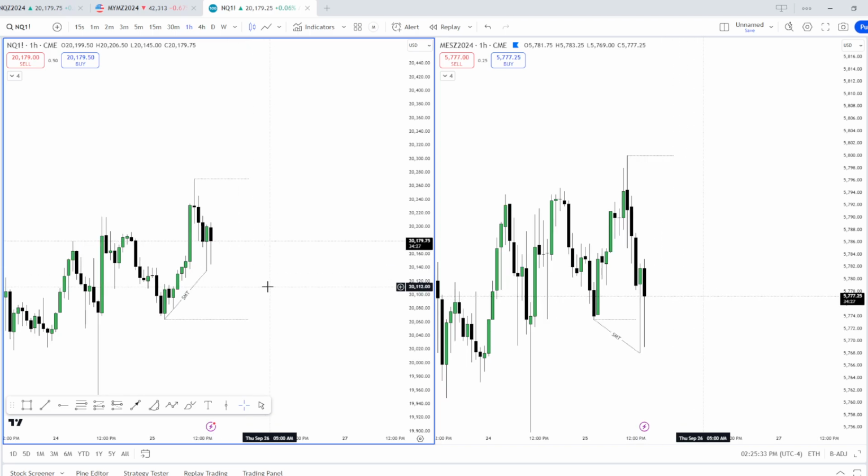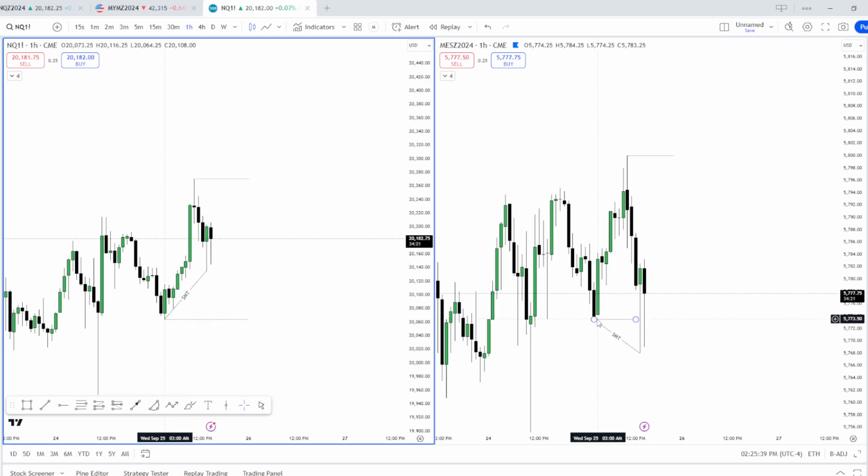Mind you, this low created on NQ, these two candles right here, are the same two candles that are on ES with the timing. This candle was formed at 2 o'clock. This candle was formed at 3 o'clock. On NQ, this candle was formed at 2 o'clock. This candle was formed at 3 o'clock. So these are the same exact candles on NQ and ES.